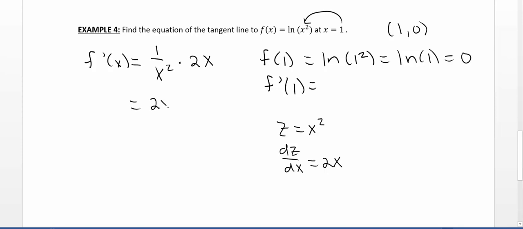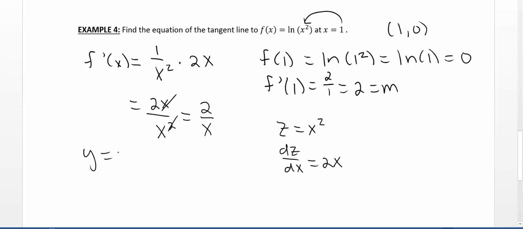So we can rewrite this as 2x over x squared. Notice that there's an x on the top and 2 x's on the bottom. So we can cancel 1 out, which will simplify into 2 over x, which means that the derivative at 1 is going to be 2 over 1, which is 2. So the slope of my tangent line is going to be 2.